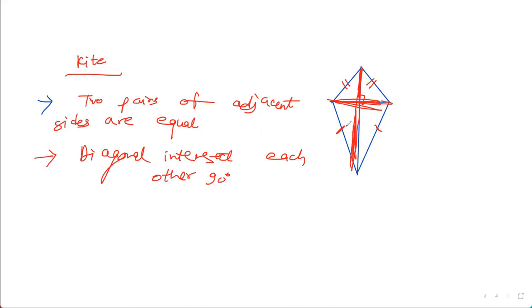So that is why we are saying diagonals intersect each other, not bisect, because only one of them is bisecting the other, not both of them. Okay, so that is one property. And here, one pair of opposite angles, which is this one, are equal. Only one pair. So these are basically the basic properties of a kite.